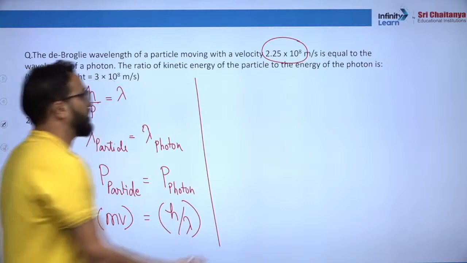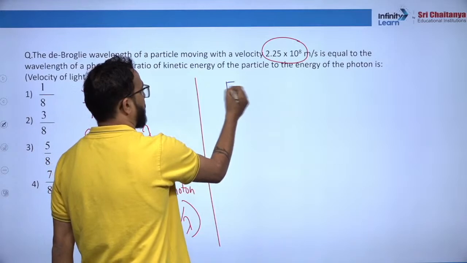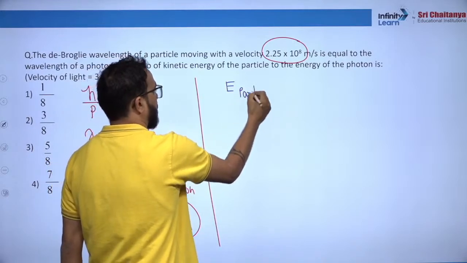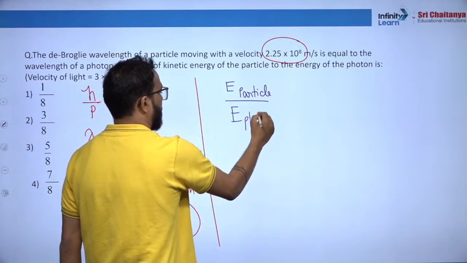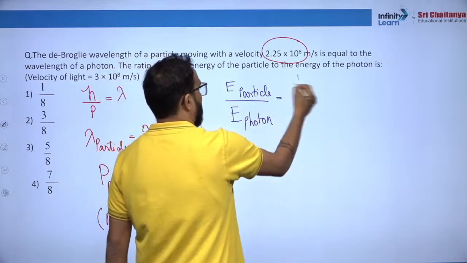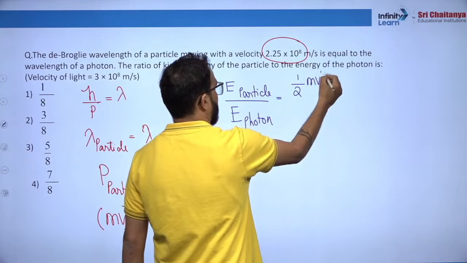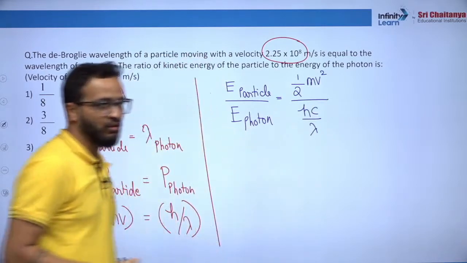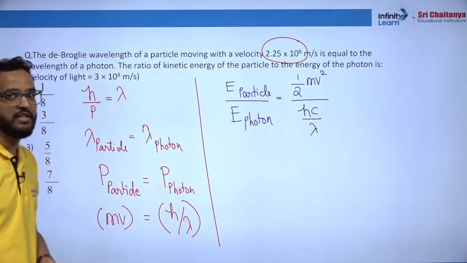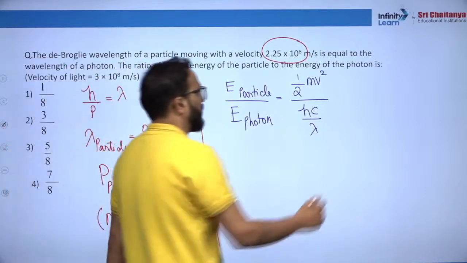Now from here you will say the ratio of the energy, so energy of the particle upon energy of the photon will be half mv square upon hc by lambda, because you don't know the mass of photon, so you cannot write half mc square, right? Now what is half mv square?